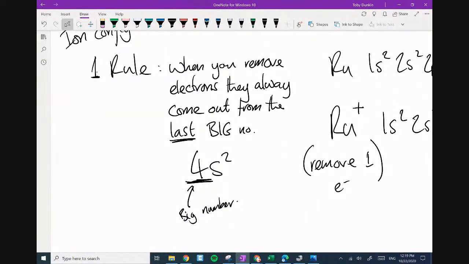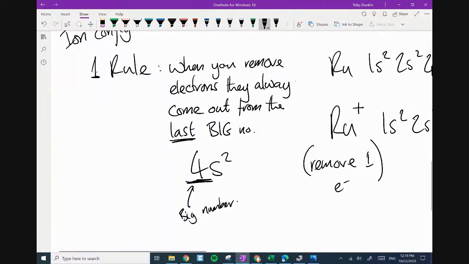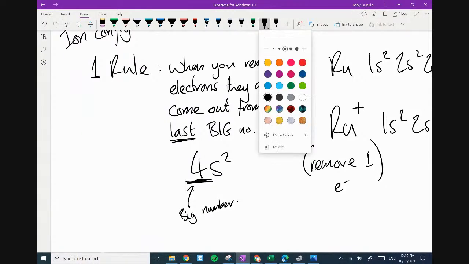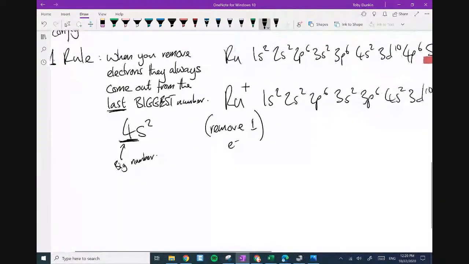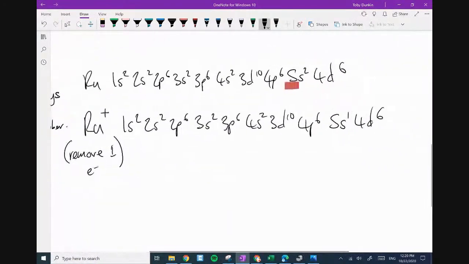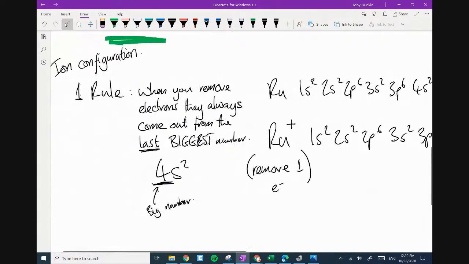When you remove electrons, they always, come on, Mr. Duncan, try writing some decent English. They always, whoa, okay, that's tiny. They always come out from the biggest big number. So you look for the big number and you look for the biggest.